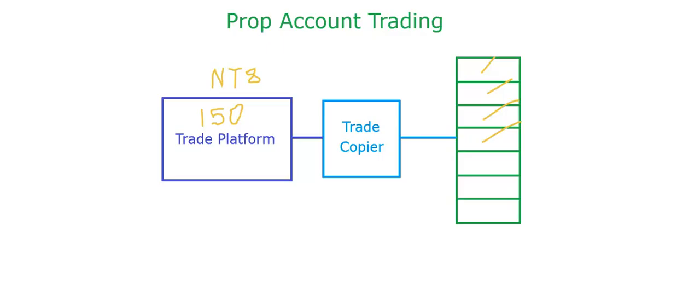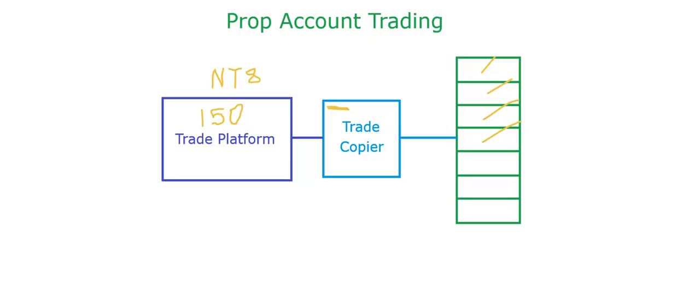I do that through a trade copier. In the trade copier, I designate this TPT account, this account number, this account size, in this case a 150K account. Hey, trade copier, that's my master account. So I designate which account's the master account.